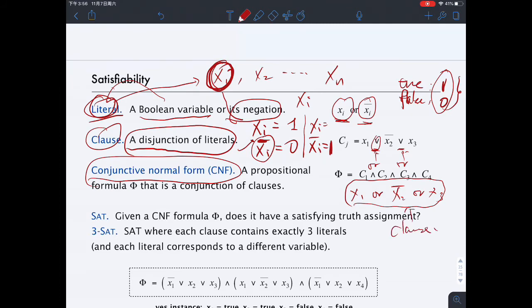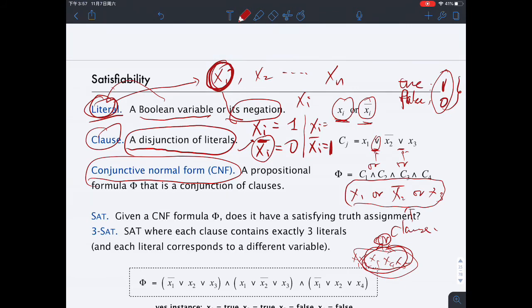We start with a set of literals, x1 up to x5 for example, and then I can pick a subset of them and apply an OR function. Then this subset together with the OR function becomes a disjunction of literals.